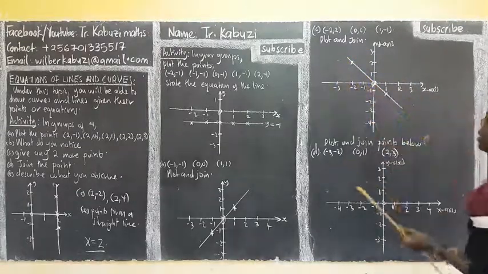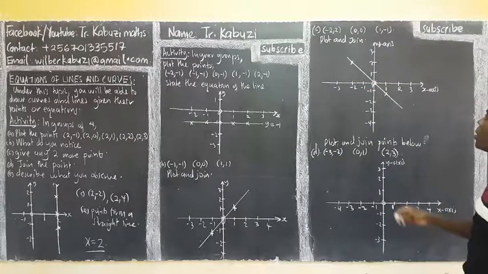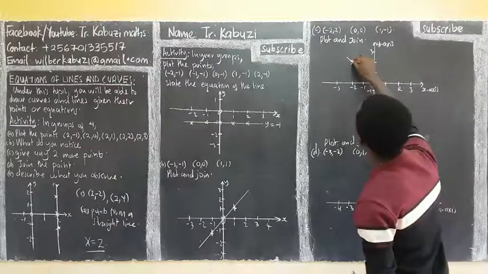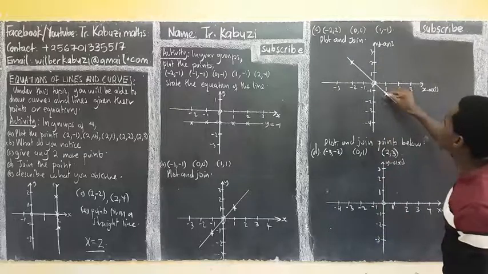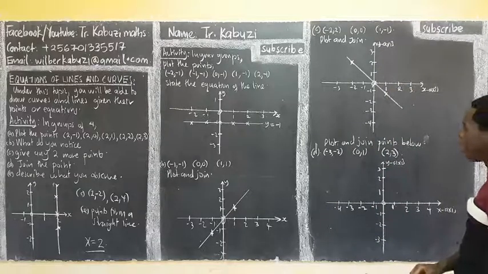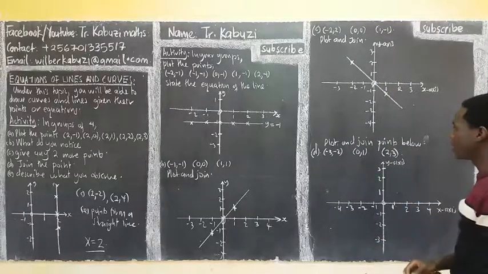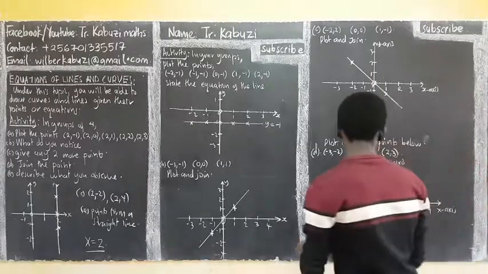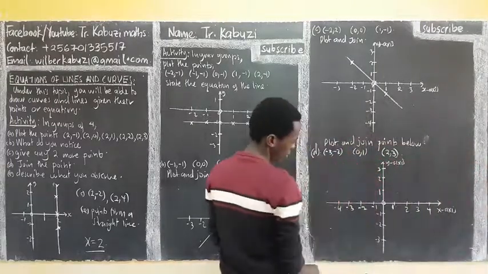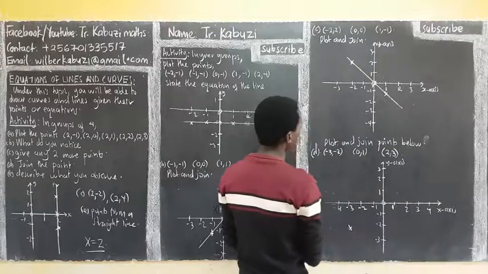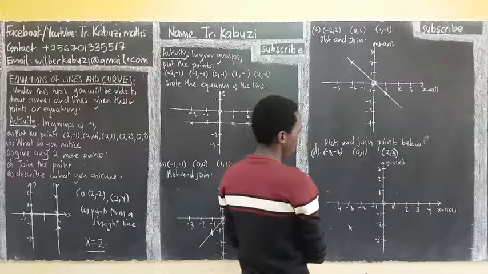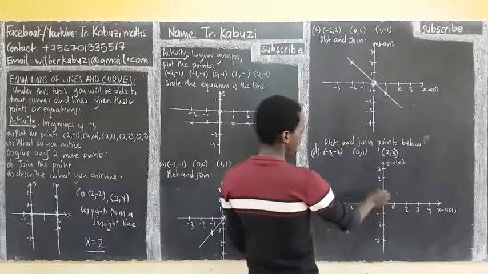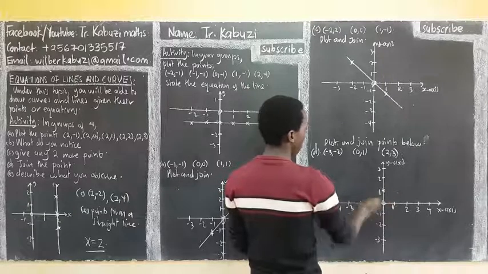Okay, so I'll put it that we join like that. The next, plot and join. We have (-3, -2), which is here. Then (0, 1), where? (0, 1).